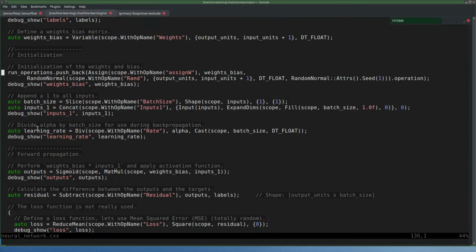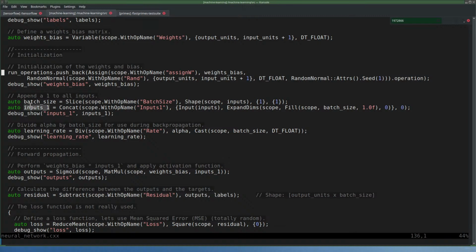And we get the batch size, which is dynamic, so we have to do it during runtime. You get the shape of the inputs, and then slice apparently gets the size of the last dimension of it, which is the batch size. And that's a scalar, I guess.